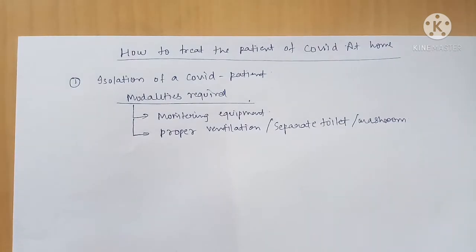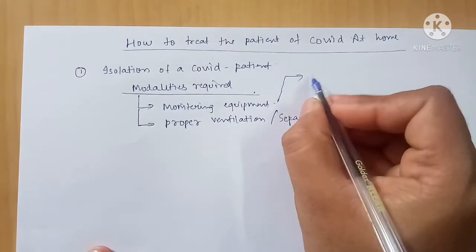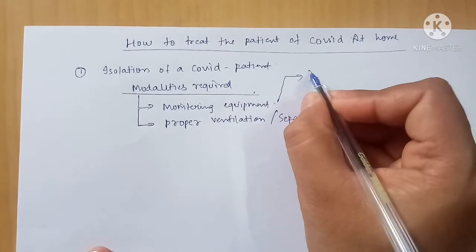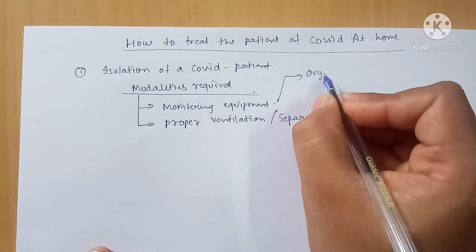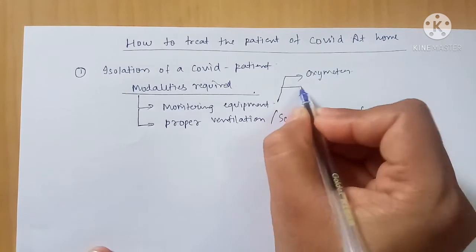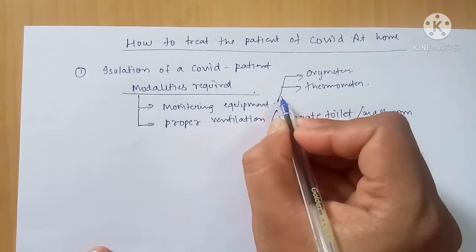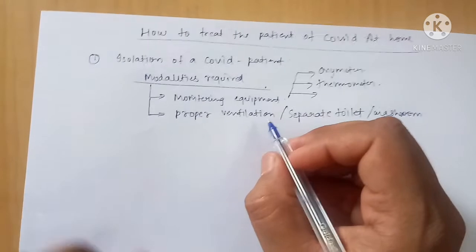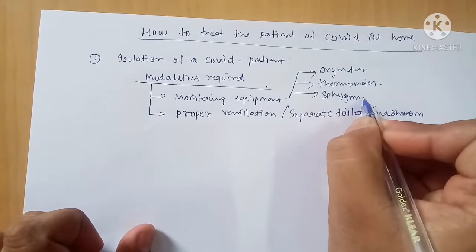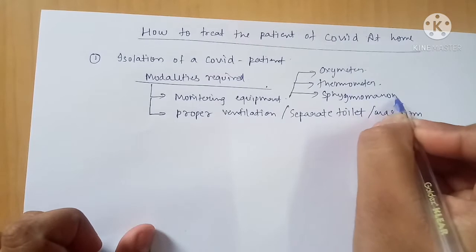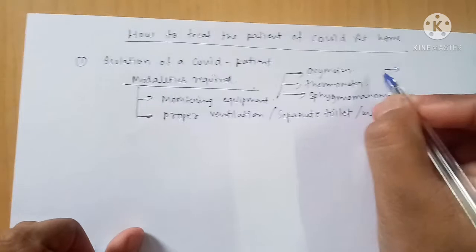About the monitoring equipment, we have to have a sphygmomanometer, an oximeter, a thermometer, and gloves.